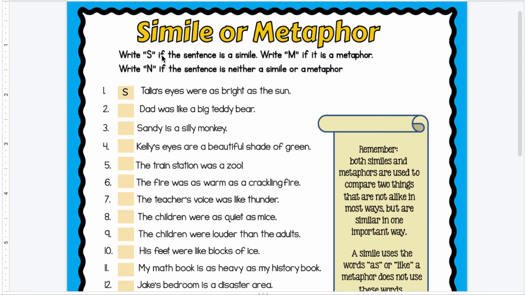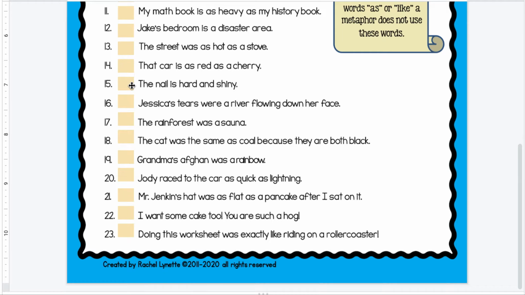look. Now here's one I want to point out, number 15. It says the nail is hard and shiny. So remember, a metaphor is saying one thing is something else. However, here we're saying the nail is hard and shiny. Those are adjectives. There is not another noun that the nail is being compared to.